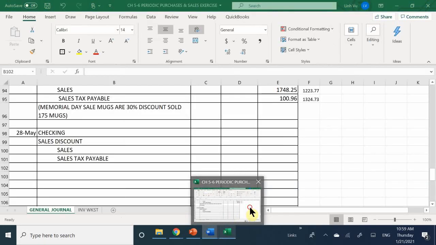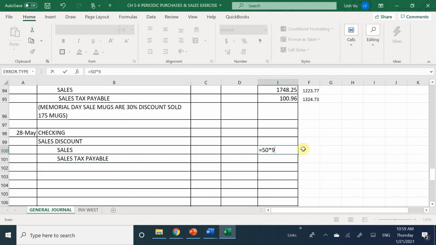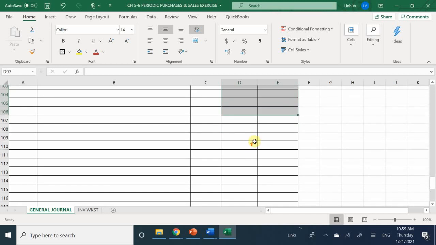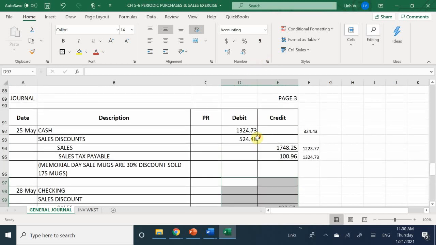So sales is going to be 50 times 9.99, 499.50. Good.